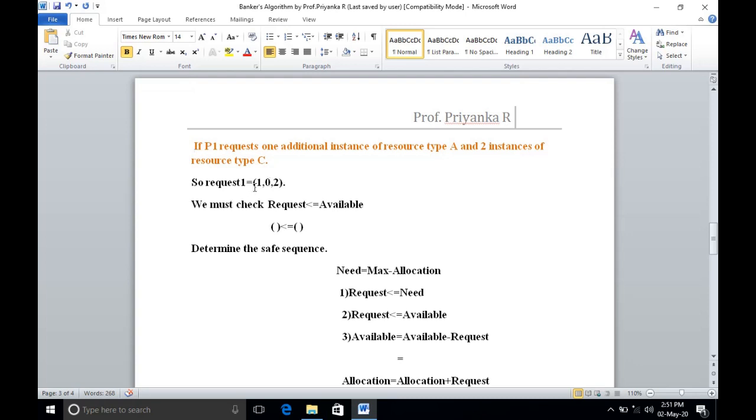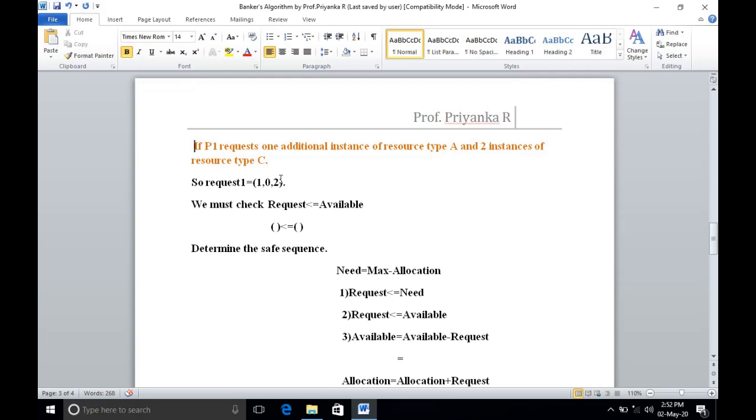Request of 1 equals: it is asking for one additional instance of resource type A, so it is 1. It is not asking for any of resource type B, so we write 0 here. It is asking for two instances of resource type C, so we write 2 here. The first thing we have to do is check whether this additional request from P1 can be granted.